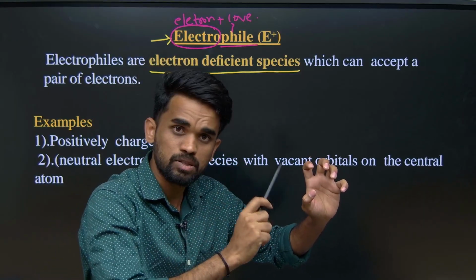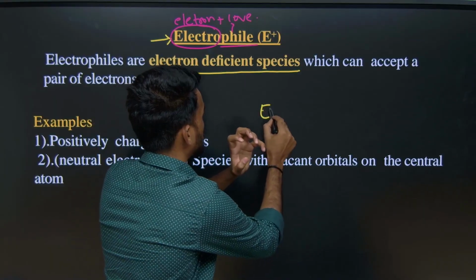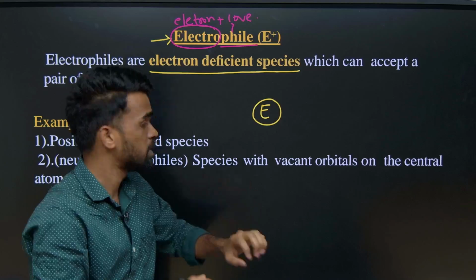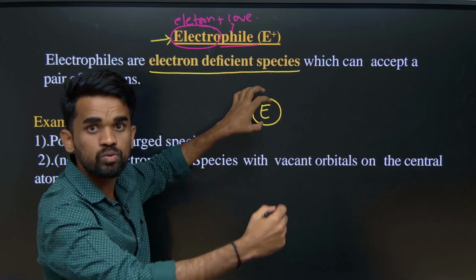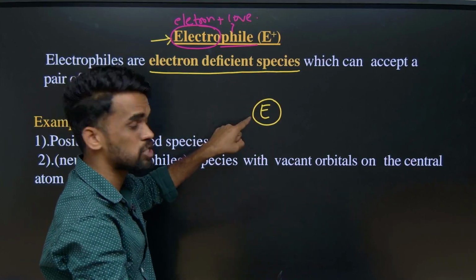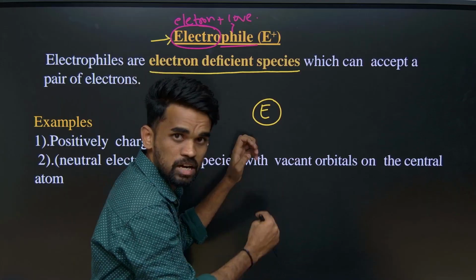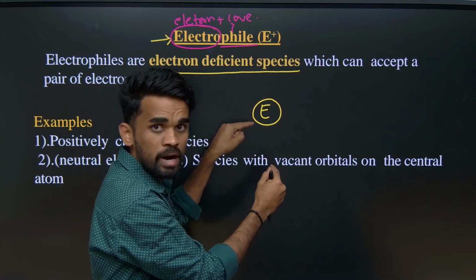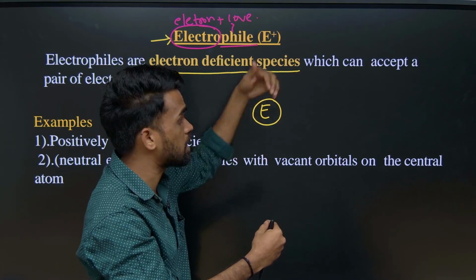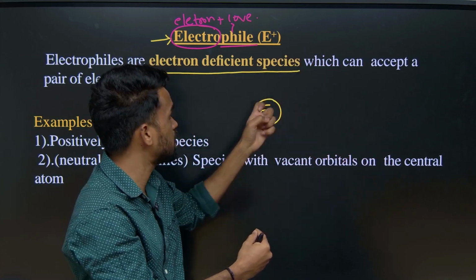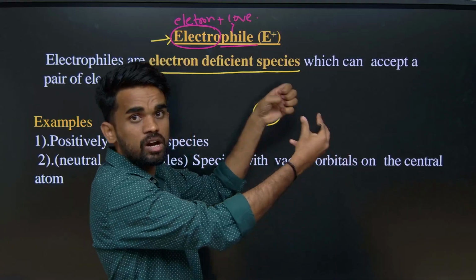Let us indicate the electrophile with E. Now this E is having love towards electrons. It means it must be electron deficient. Since it has fewer electrons, it requires electrons from other species, so it tends to gain electrons from others.